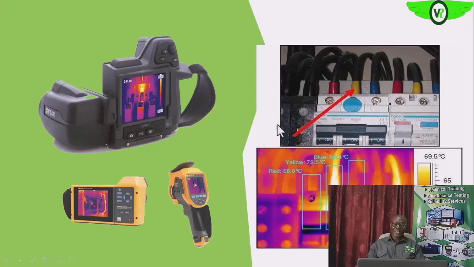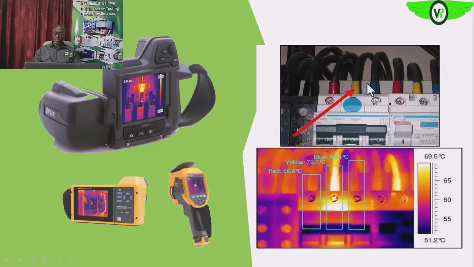Then on this, from the circuit breaker, this clearly shows that we have a loose connection here that can result in increased resistance, which can result in voltage imbalance in our system. If the system is overloaded, you see that there won't be any temperature gradient. The three phases will be overheated. You see the high temperature.